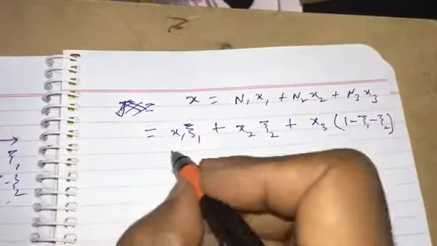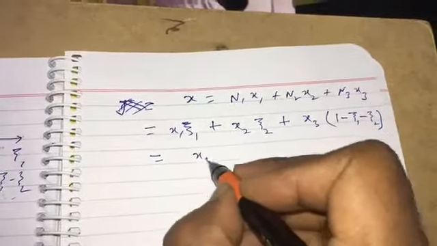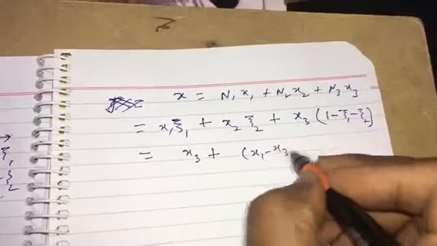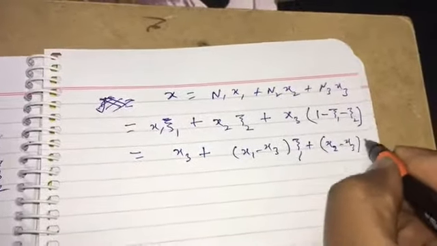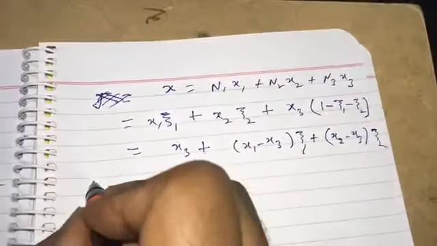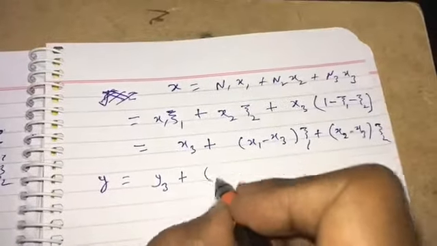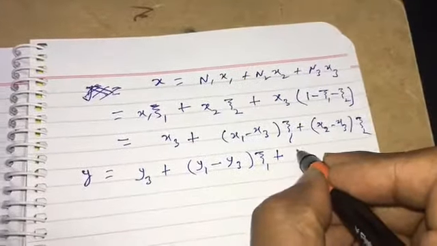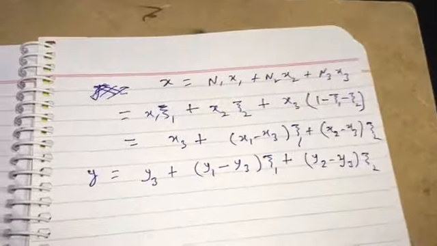Okay, so what do we get? We get x3 plus x1 minus x3 xi1 plus x2 minus x3 xi2. Similarly we can expand y, and we get y equal to y3 plus y1 minus y3 xi1 plus y2 minus y3 xi2.